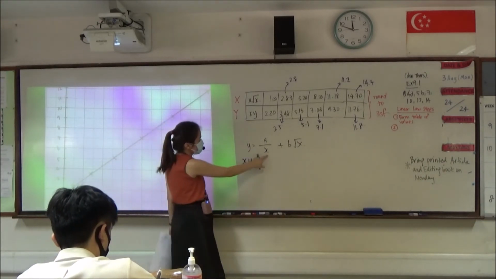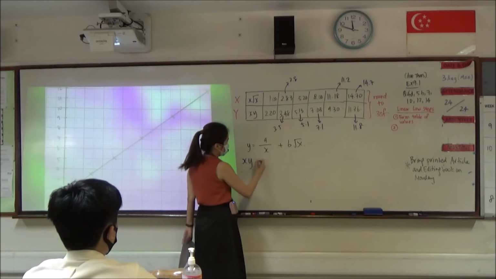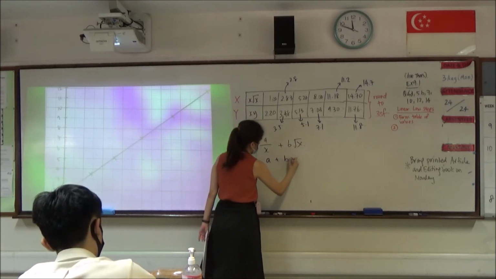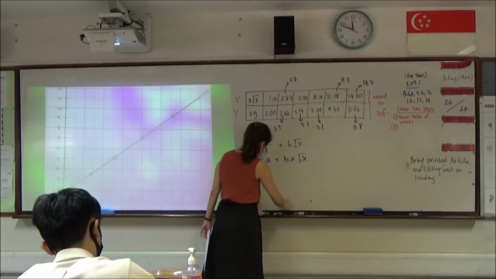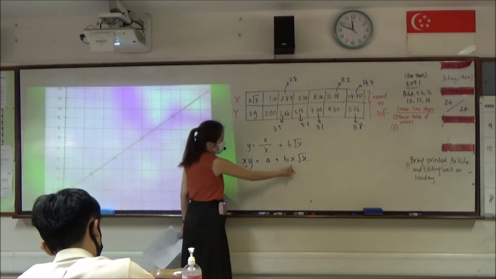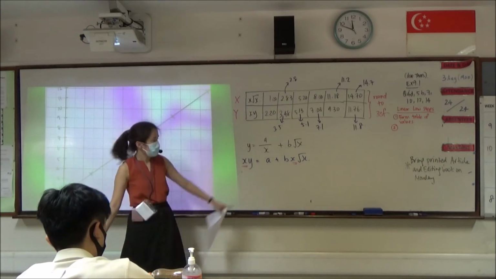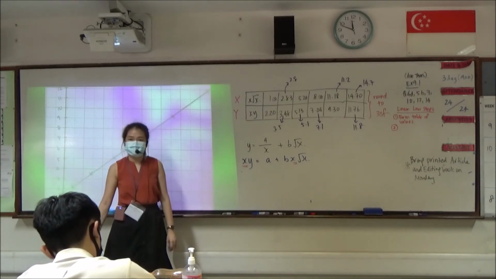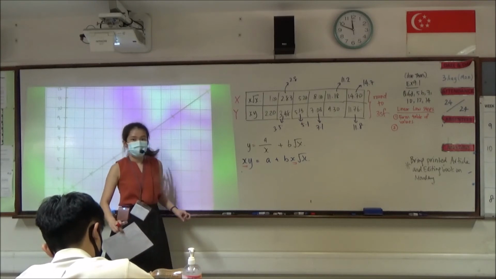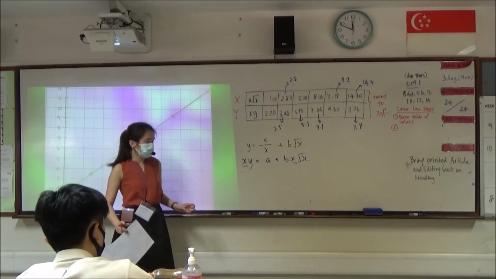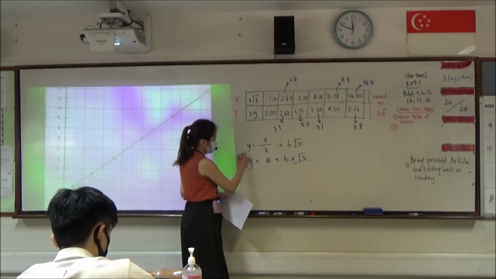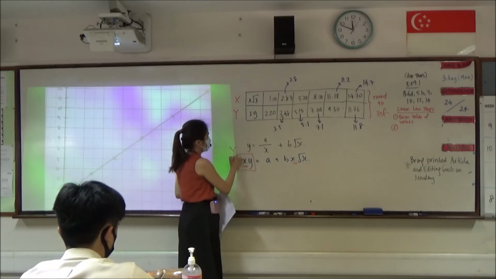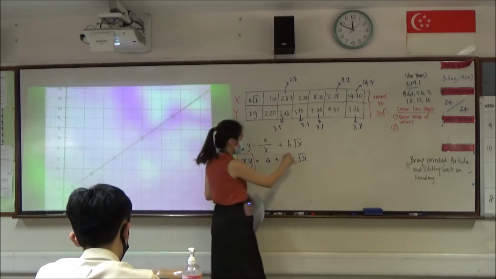We times x throughout the whole equation, and I will have my x here and my x here. We no longer have our A over x. Do you see now that I have my big Y and my big X over here?